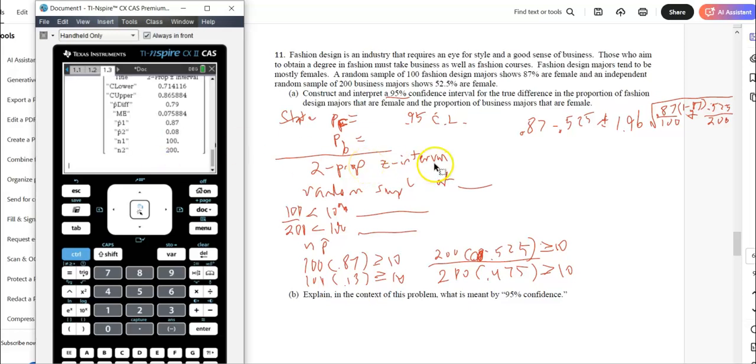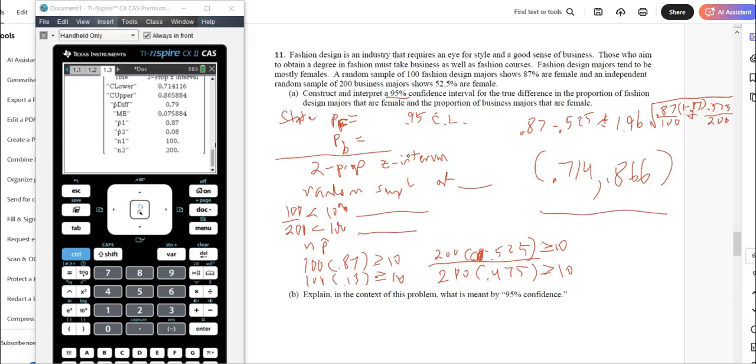So we should get 0.714 and 0.866. We are 95% confident.